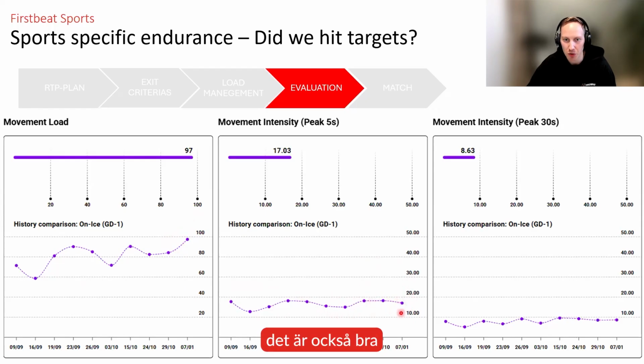So this is also good that they were able to maintain the same intensity on game day -1 sessions after the injury as pre-injury. Peak 30 seconds is describing the explosiveness of the player, and movement intensity peak 30 seconds is chosen because the average shift in ice hockey is around 30 to 45 seconds.